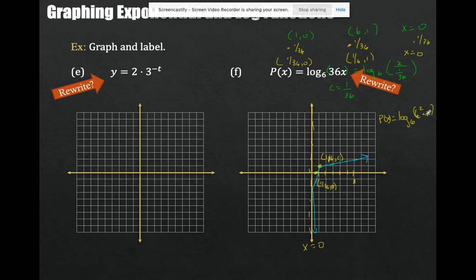And what is the log of a product? What's this? The exponent that turns 6 into 6 squared. Oh my Lanta. How do you graph that one? This is just your basic log X.